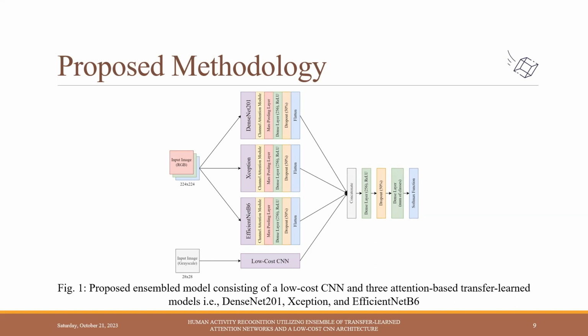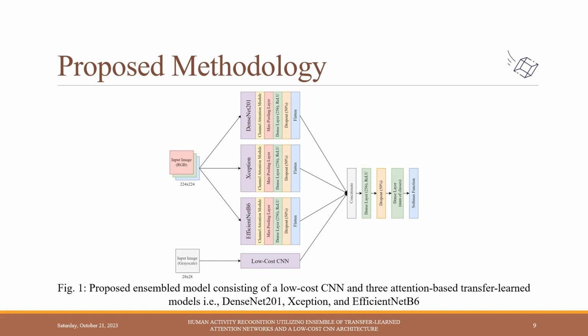Okay, but this is the first part. And if you look at the bottom of the architecture, you can see the second part, where we have used a low-cost convolutional neural network, and it has an input size of 28 by 28, and it's a grayscale image. It's not an RGB image.